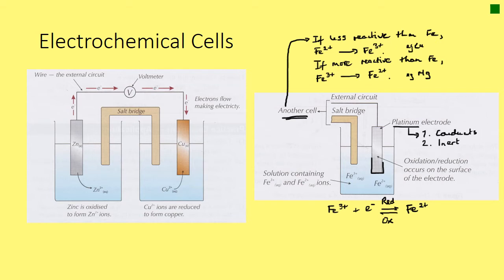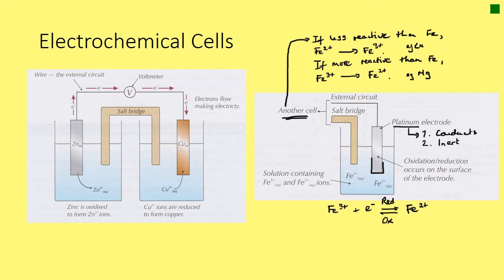So obviously if we are gaining electrons, this will be a reduction, or if we're going from Fe2+ to Fe3+, that's going to be an oxidation reaction. And which of these happens depends on what's on the other side, what the other cell is.